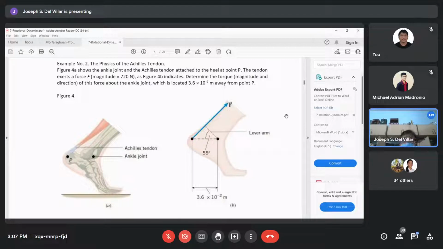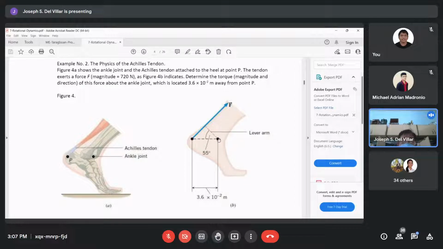Ito, no? So ito yung joint, yung ankle, no? So pinapakuha sa atin yung torque nitong force, no? About this point, no? So kung itatrace natin, if this is the action of the force, itong blue line, then ito yung axis of rotation, the ankle joint.